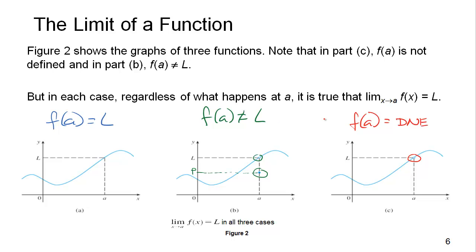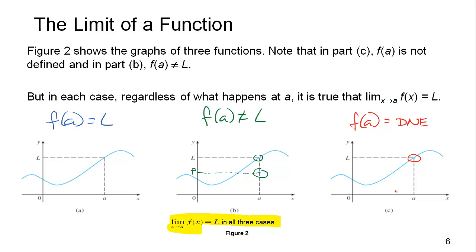But in all three of these situations, regardless of how the function is defined at a, the limit of the function as we approach a does in fact still equal L, because we don't care what happens at a, we just care what happens when we get really, really close to a.